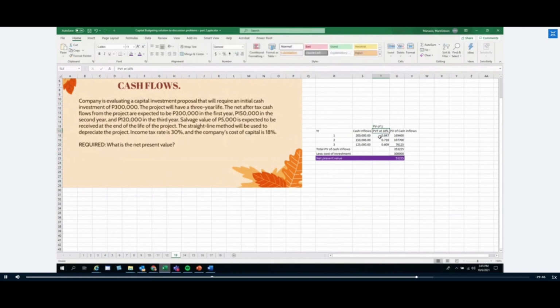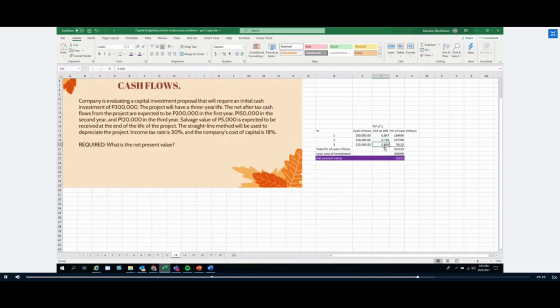So I suggest you get your table, no? So present value of 1 and then get the present value factor at 18%, at 3 years. Tandaan, 3 years lang 'yan. So that's 0.847, 0.718 and 0.069.